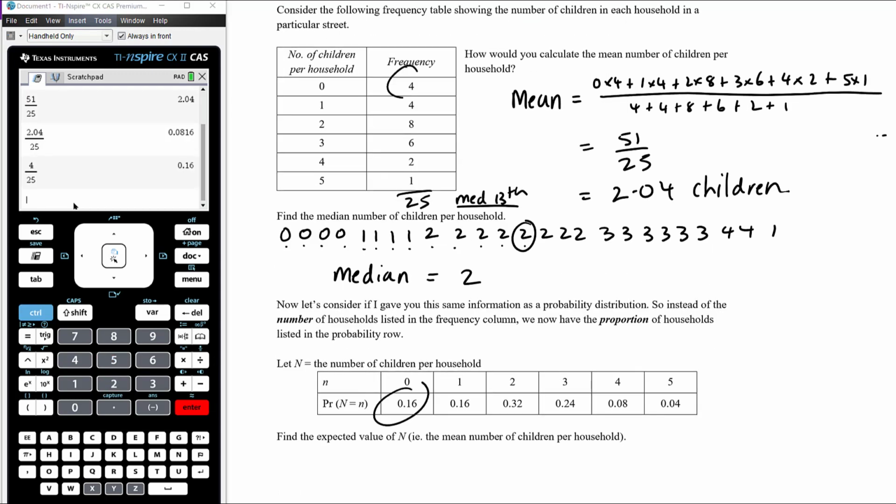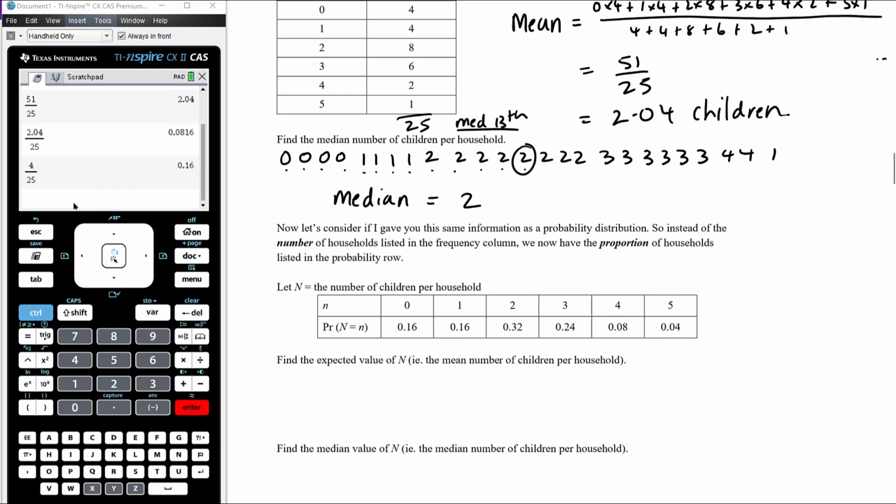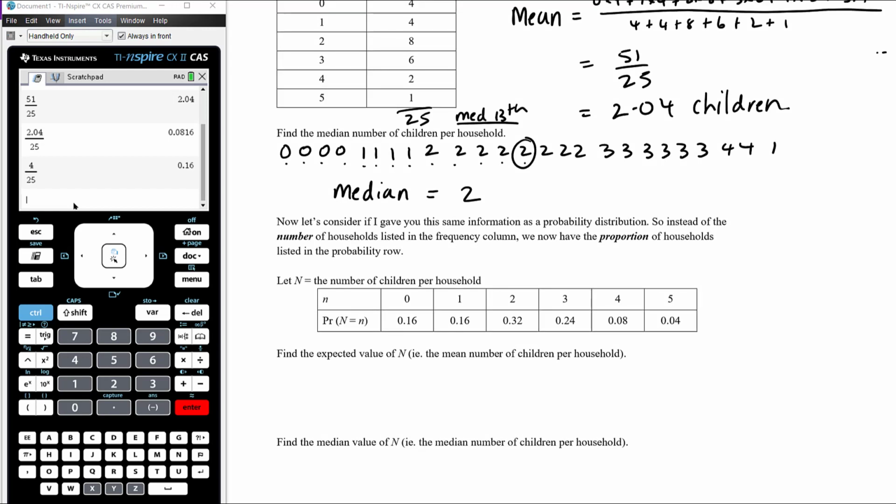So that means that 0.16 of all the households are 0 children households. And so we can work out the proportions of each category, which is the same as the probability that a randomly selected house will have that number of children. So we essentially have a probability distribution here. The probabilities should all add up to 1. You can check that if you need to.